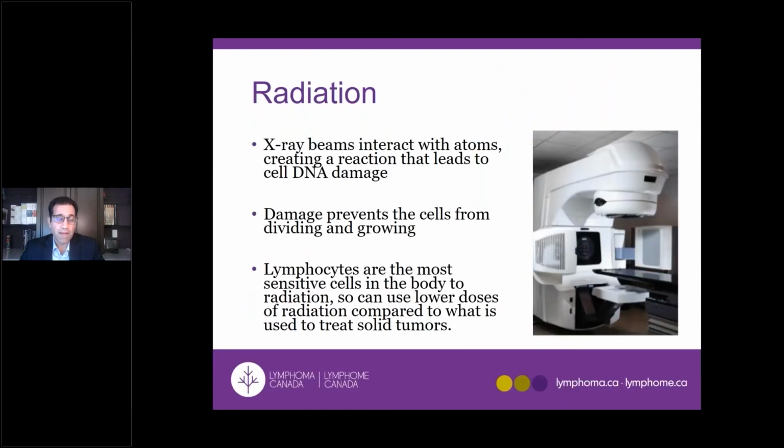When we talk about early stage follicular lymphoma, like stage 1 or stage 2, radiation therapy is a good option. The good thing about lymphocytes is that they are very sensitive to radiation therapy. This is why we sometimes need only low doses of radiation in comparison to other solid tumors.